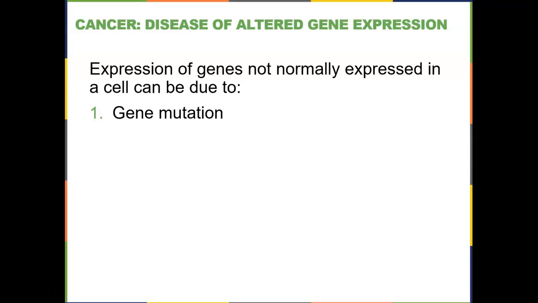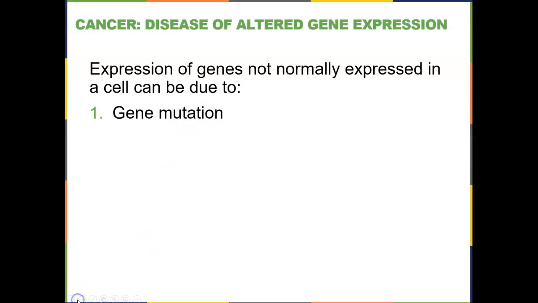So cancer can result from a gene mutation. So this is some external force like UV radiation or some particular chemical literally changing the DNA. So changing the coding in the DNA, that could result in an altered reading.